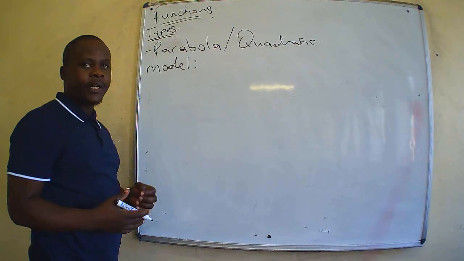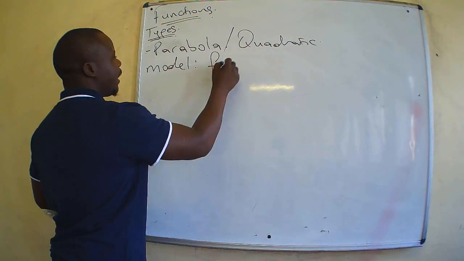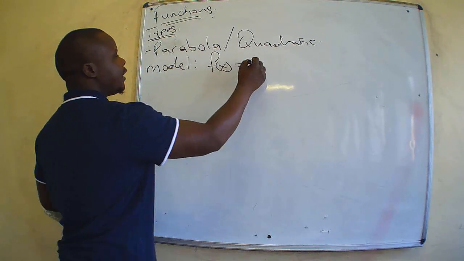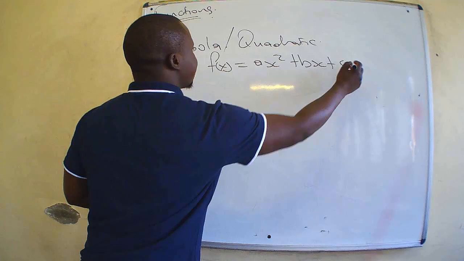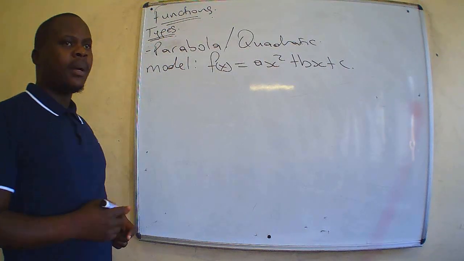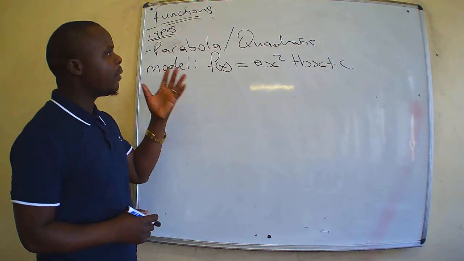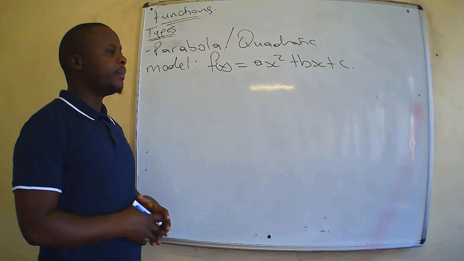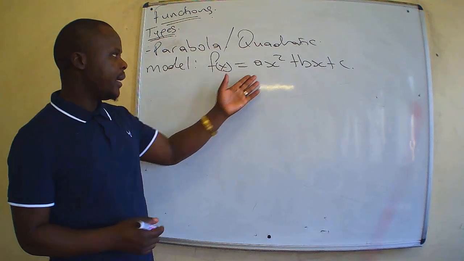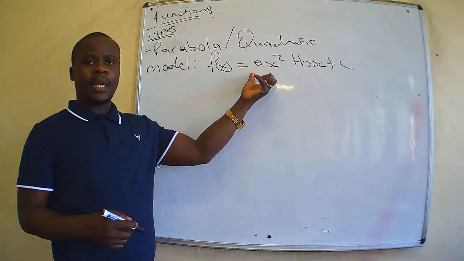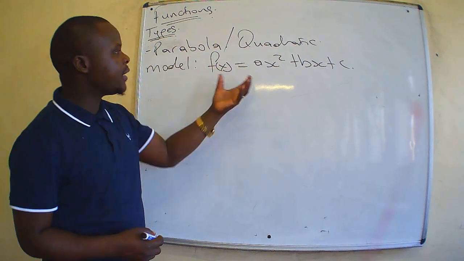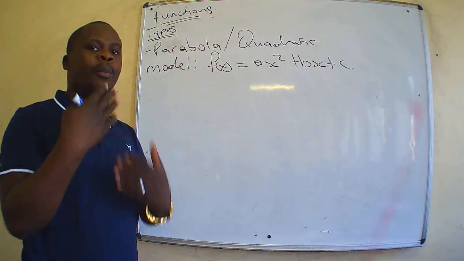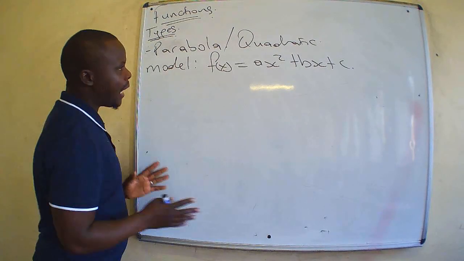The model for quadratic functions is such that f of x is equal to ax squared plus bx plus c. This is the model parabola. This is the model quadratic function, and a in this case is a very important value because it helps us to understand the nature of this.